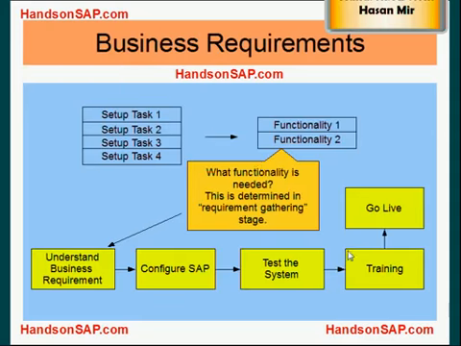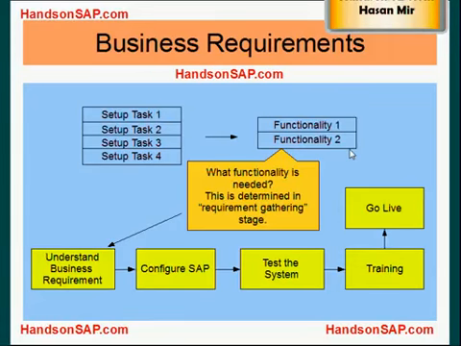Okay, now in order to achieve this functionality, you would perform certain setup tasks. Okay, so you have a target in mind that you want this functionality. For example, you want a functionality of check printing. You want invoices to be entered in a certain way. You want these reports to be run by the user. So these are all examples of functionality.